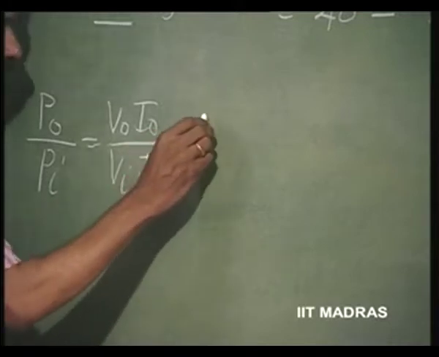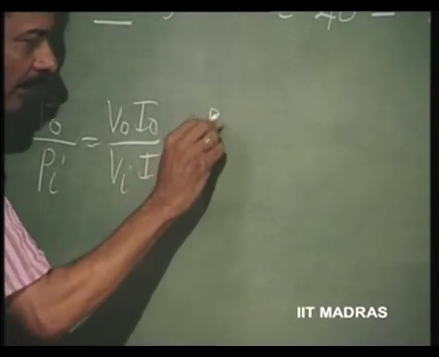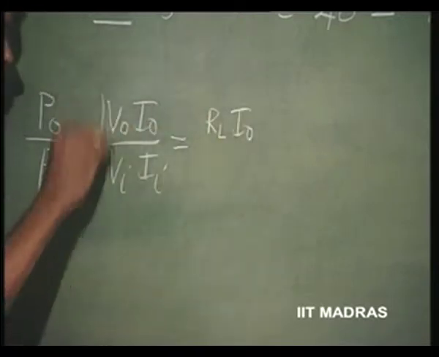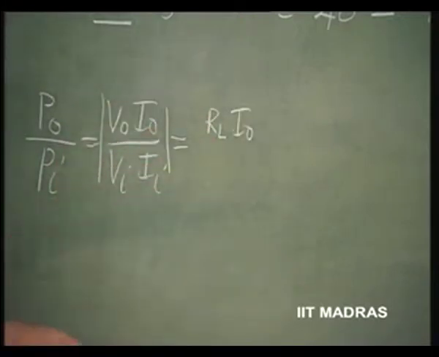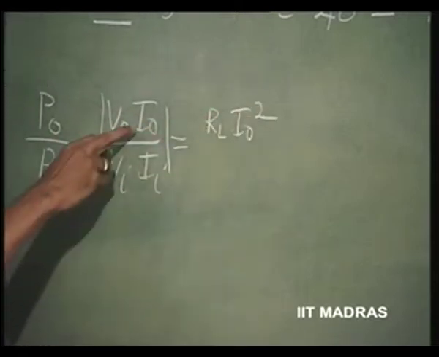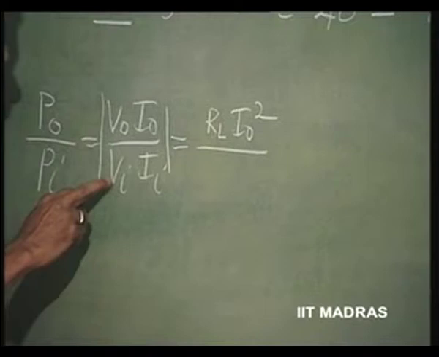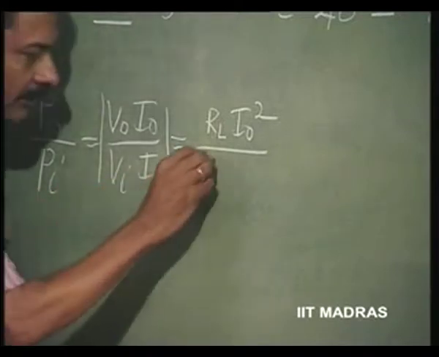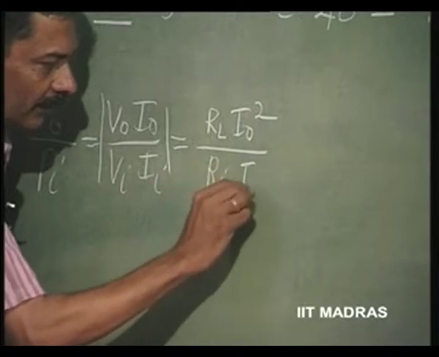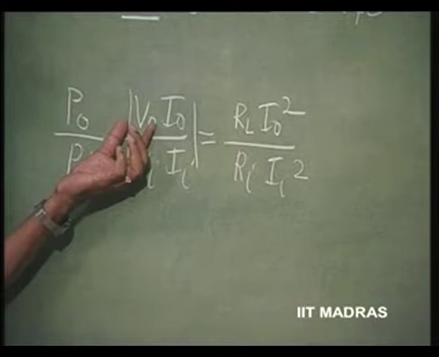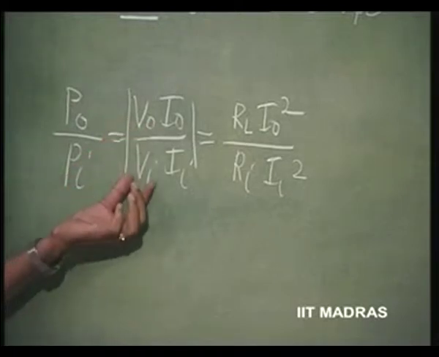V naught is nothing but R L into I naught, actually magnitude if you take, because there is a negative sign. And V I is R I into I I. So, V naught is R L into I naught, V I is R I into I I.